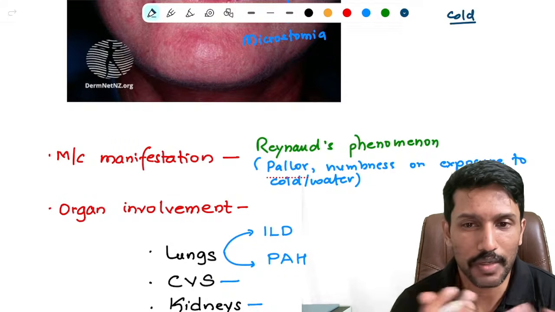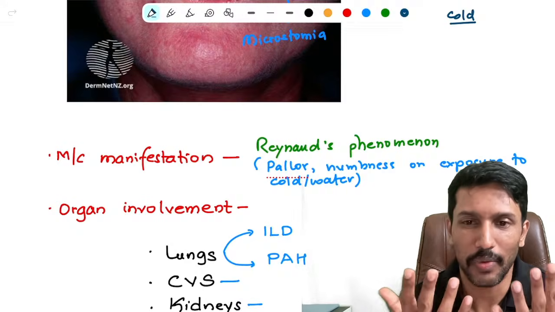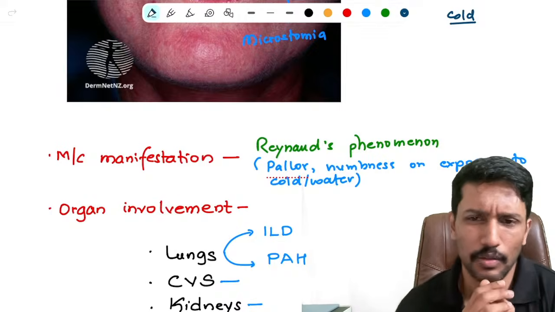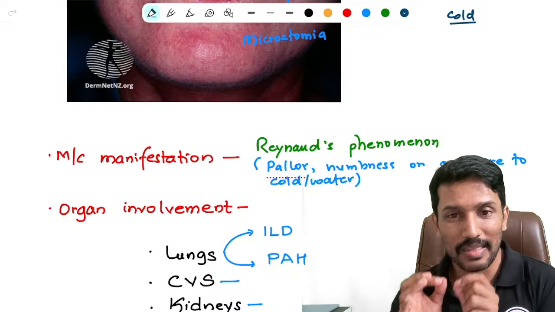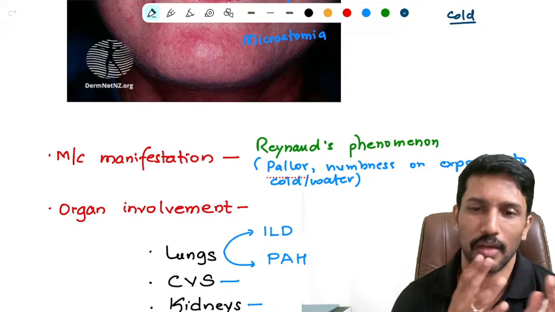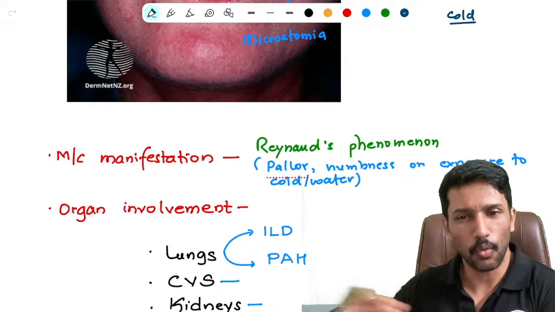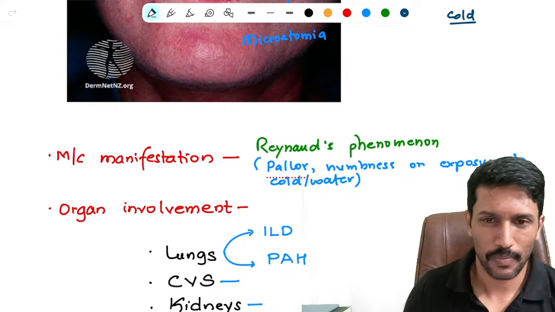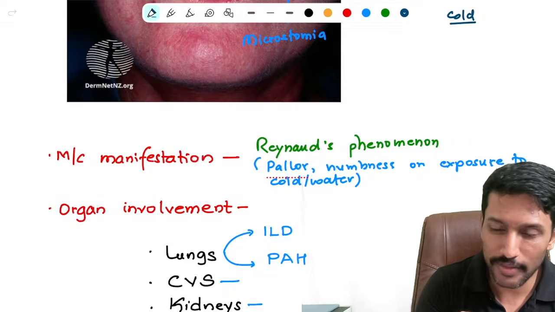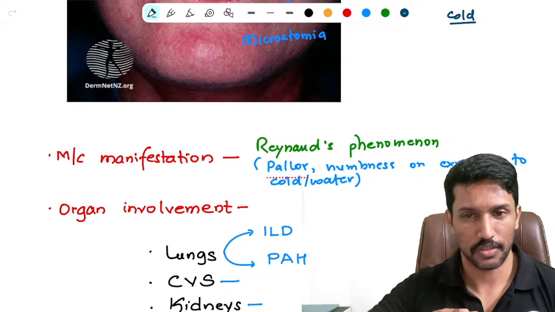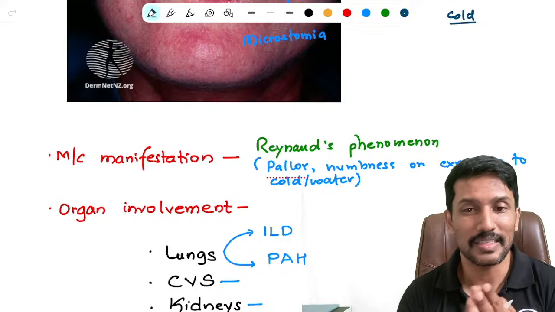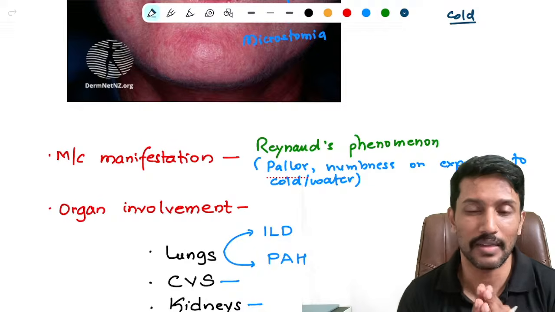So it is a normal physiological response. In the extreme cold of Delhi, when you go, you see your hands appear pale, right? You go to Kulu, Manali, your hands will become pale. It's a normal physiological manifestation. But in these patients, there is an exaggerated response. Like these women who have systemic sclerosis, they just wash their utensils in normal room temperature water. But even that cold exposure causes intense vasoconstriction. So they will notice pallor, and because the blood flow is now cut, they experience numbness or tingling sensation, sometimes even frank pain.